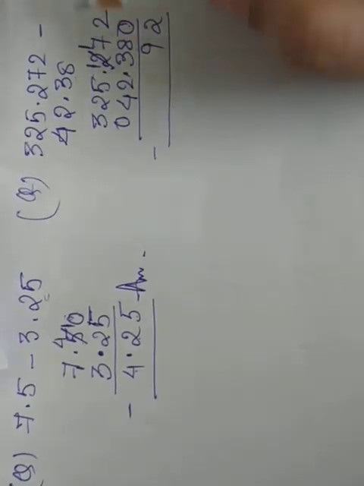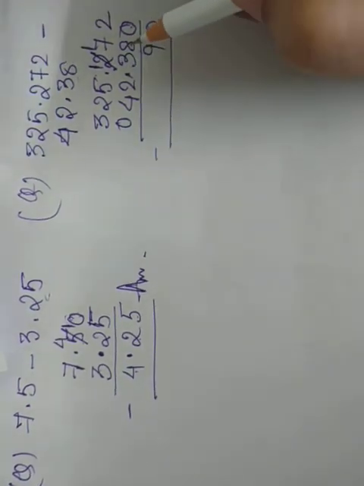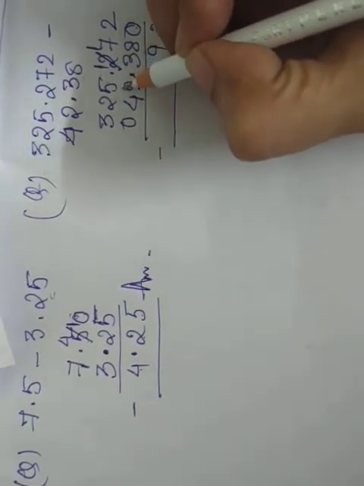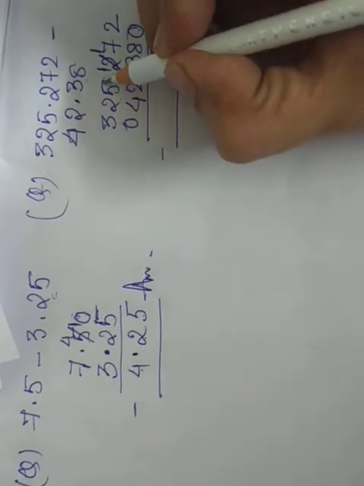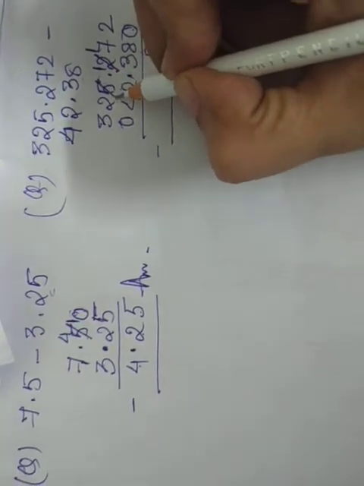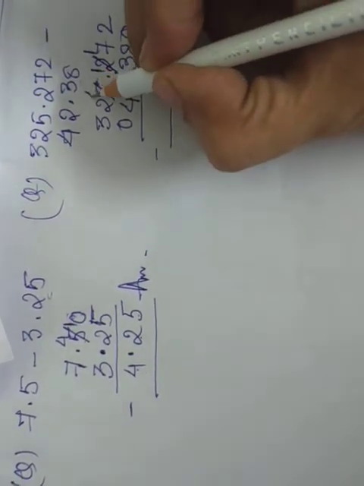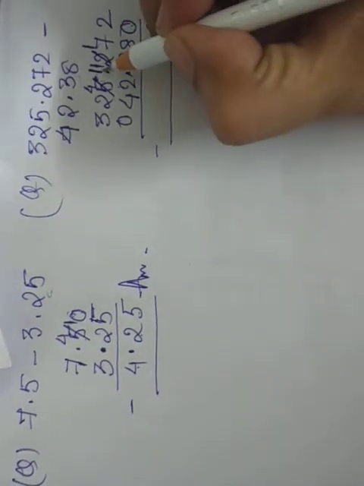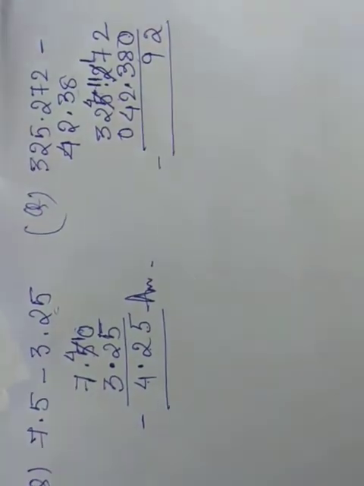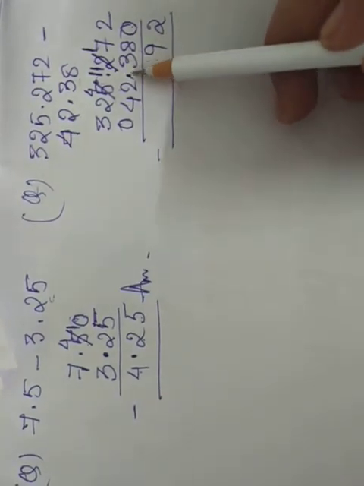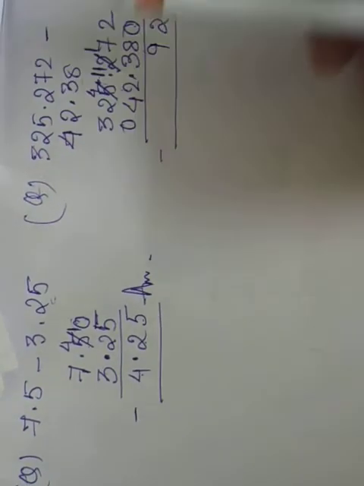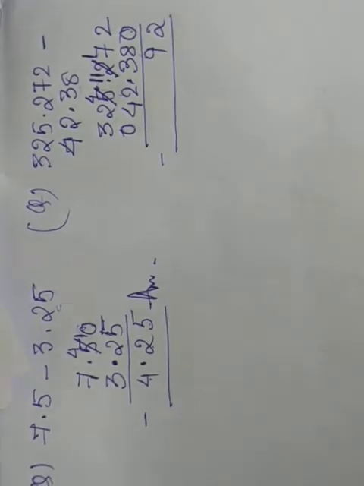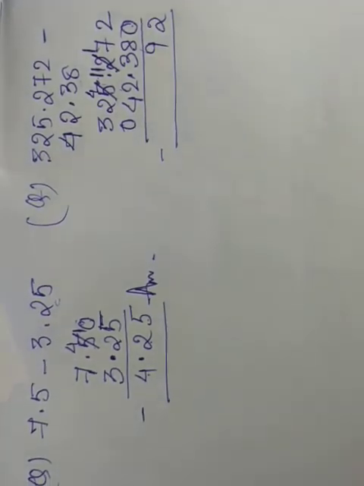So we cannot deduct 3 from 1. Again we have to take a borrow from the previous number. So we are cutting 5, so it will be 4, and if I give 1 over here, it will make it 11. So now we can subtract this 3 from 11. If we subtract 3 from 11, it will give you 8.